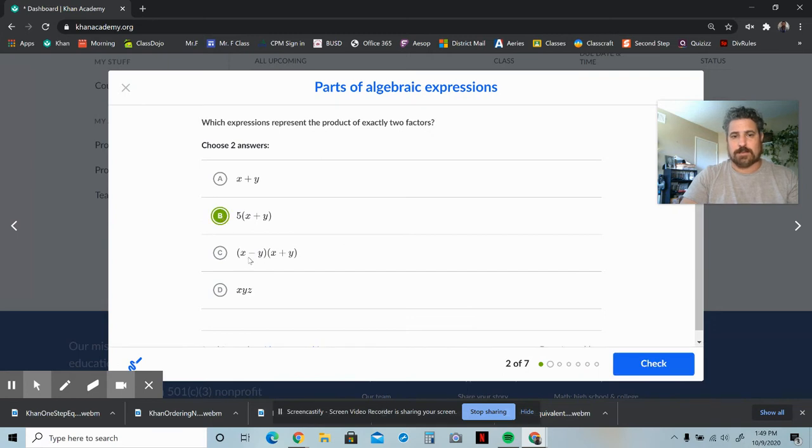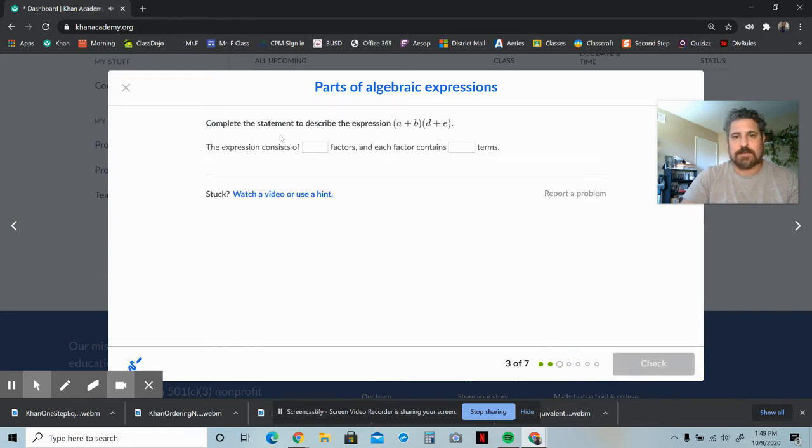And this one has two factors, the quantity of x minus y and the quantity of x plus y. So these are both products of two factors, right? Whether the factor is a value in parentheses or a value outside of parentheses, as long as it's just two things being multiplied together, it's a product with exactly two factors. This one has three factors, x, y, and z. So that's not two factors.